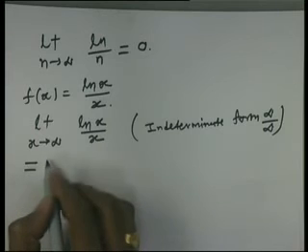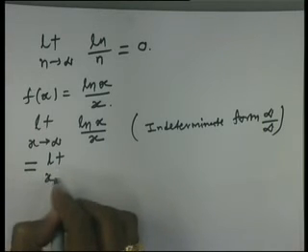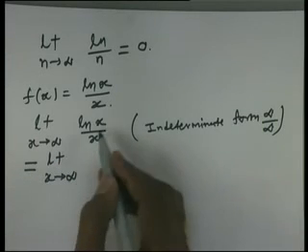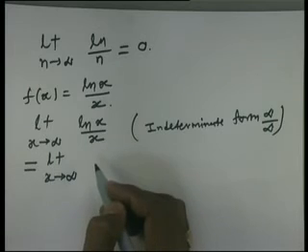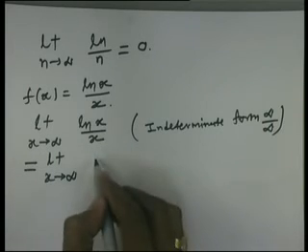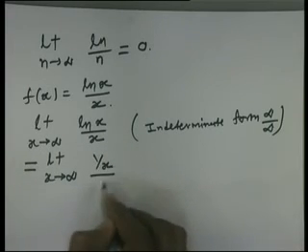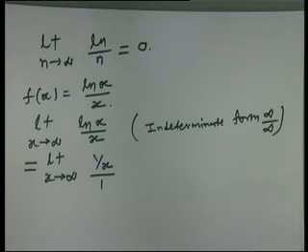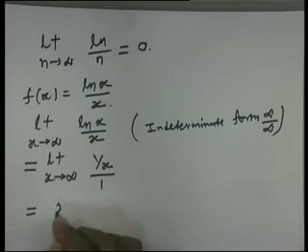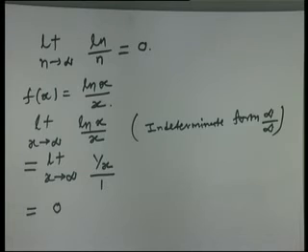So here we take limit x tends to infinity, and we differentiate the numerator and the denominator separately. So this is 1 by x and here it is 1. Now we apply the limit. We can see that it is 0.